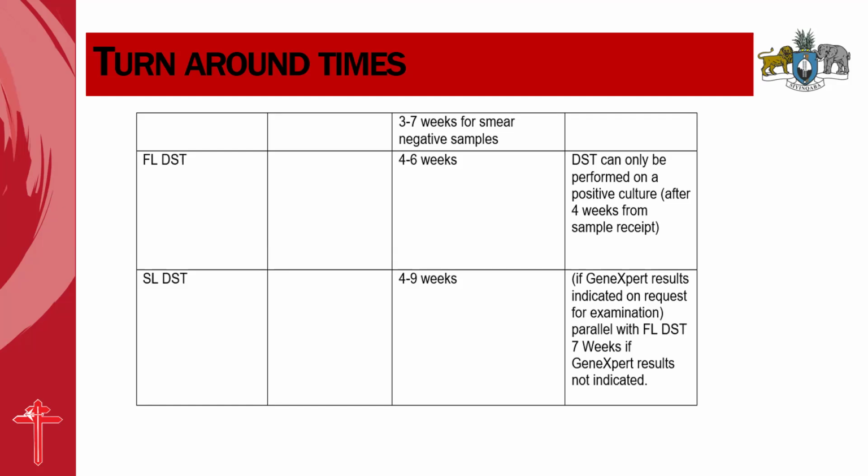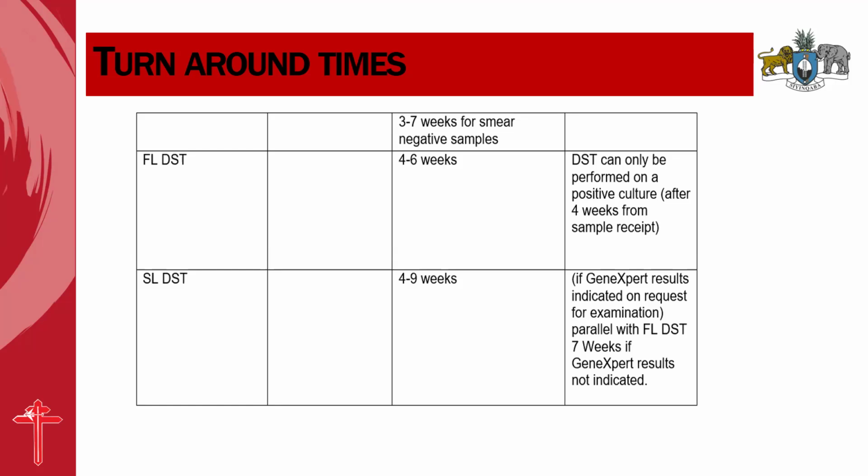If it's negative, it is going to stay in the instrument up to the 42nd day, and that's where you're going to get the result. Sometimes you can say, no, I've spent a month still waiting for the results, only to find out it is still negative. It is going to show up at the end of the 42 days if it's culture negative. Then the first-line DST is 4 to 6 weeks.